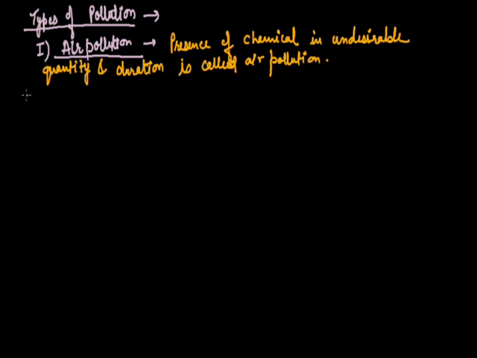And all those substances that cause such a kind of pollution are known as air pollutants. Here we will discuss the causes and effects of air pollution and their prevention. Let me start the topic with the causes of air pollution.